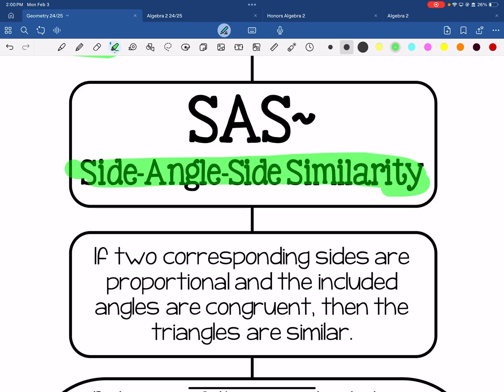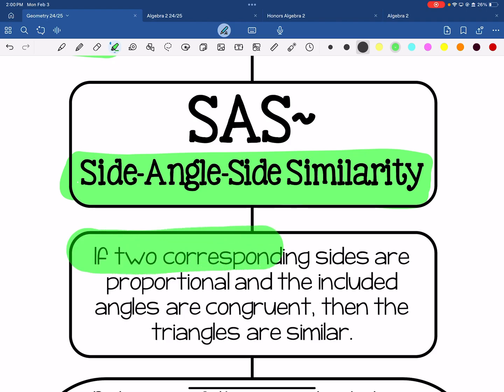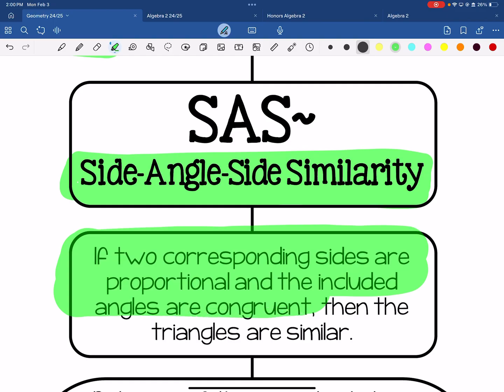Side-angle-side similarity says this: if two corresponding sides are proportional and the included angles congruent, then they're similar. Two corresponding sides proportional and the included angle congruent, then they're similar.